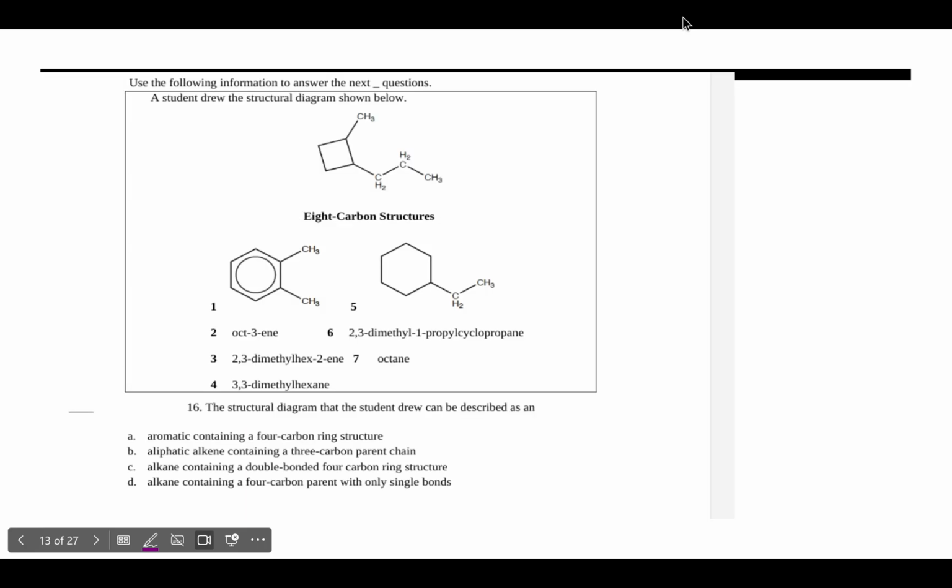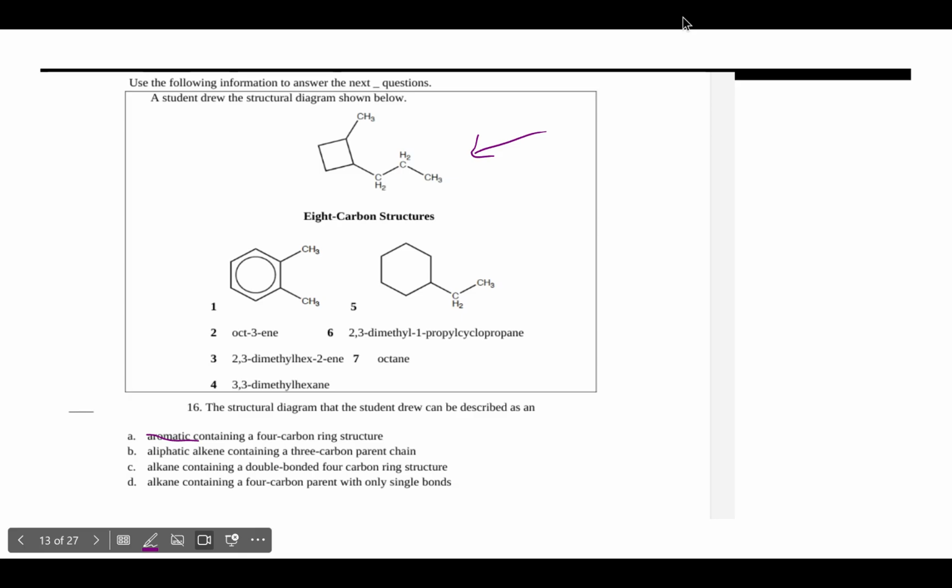Looking at question number 16, you have all these different molecules, and it's asking what the structure diagram that the student drew can be described as. Oh, I think I'm missing something with this. That's okay. I think this was a two-part question, and we're just seeing one part of it. Looking at the first one, it is definitely not aromatic because I don't have a benzene ring.